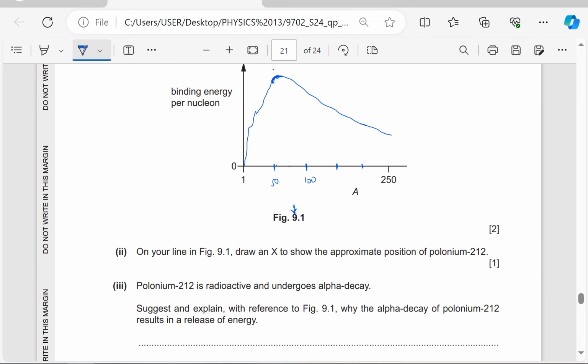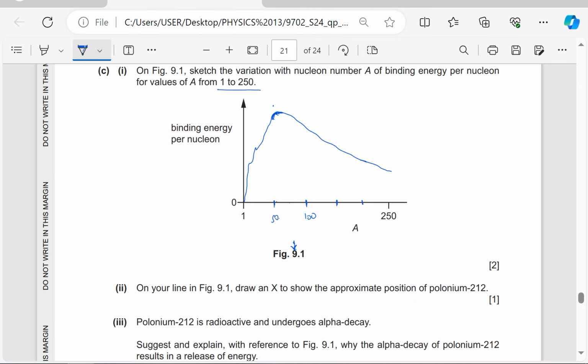Okay, so on your line on the figure, draw an X to show the approximate position of polonium 212. So if that is 100, 150, 200, polonium is going to be somewhere here on the right-hand side of the peak, around here.